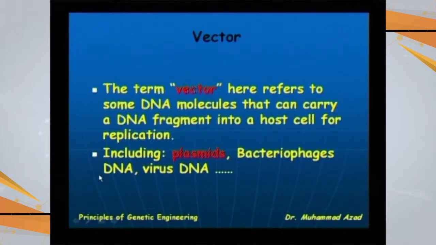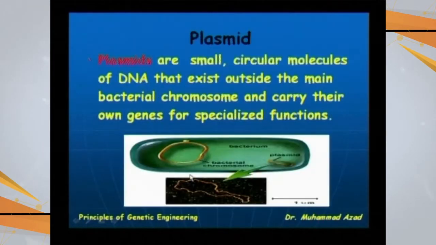Going again to our slides, the term vector here refers to DNA molecules that can carry DNA fragments into a host cell for the purpose of replication. The vectors include mainly the plasmid, but sometimes bacteriophage DNA or viral DNA is also used for the same purpose.